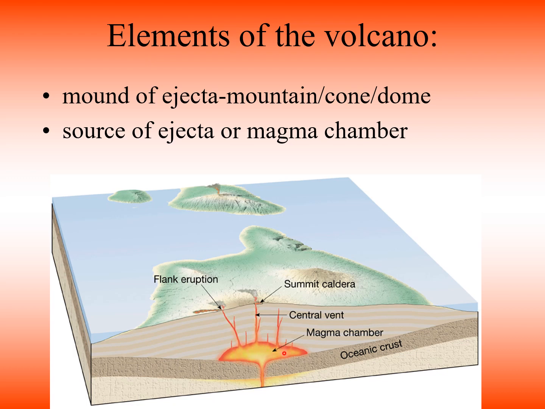The magma chamber is down here at the bottom, so the hot spot's moving up through the oceanic crust, and it's intruded into this volcanic island here. And these are successive layers of buildup. And then you also have this central vent, and that's the source of the ejecta. That's how the magmatic material gets from the magma chamber up to the surface.